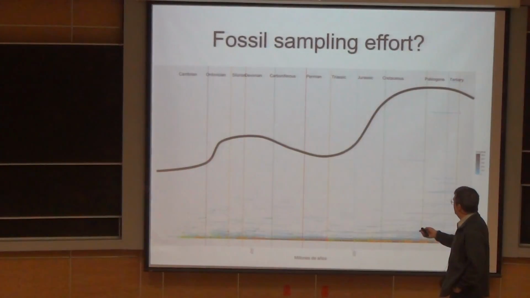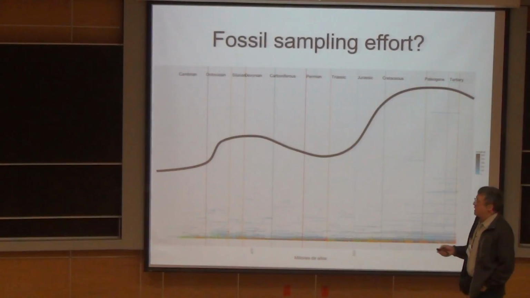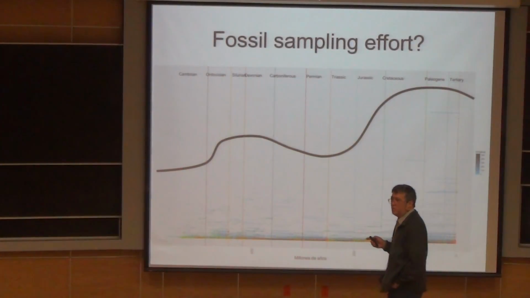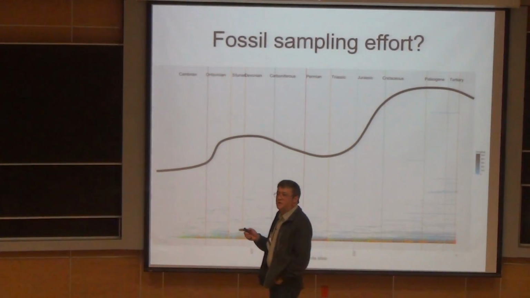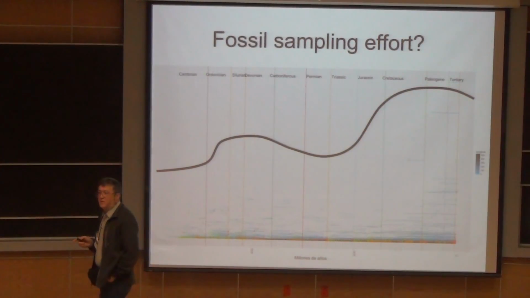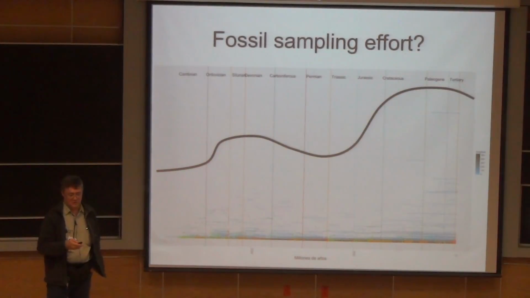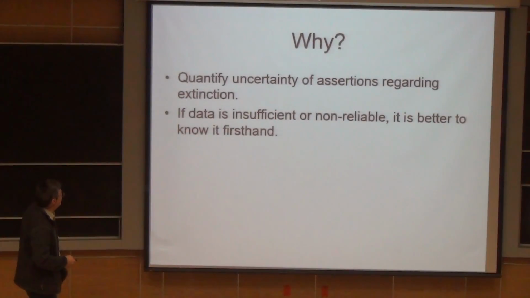For example, it could be that recent periods have been sampled much more than very old periods. And this black curve, the point is that it influences the distribution of data, and it confounds the notion of extinction, which is the first question asked.